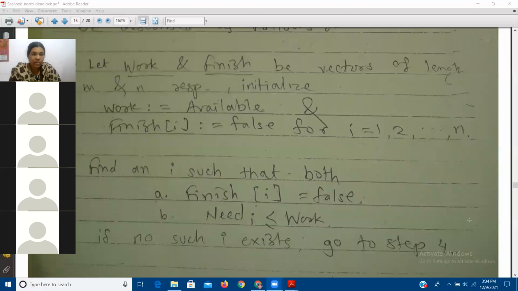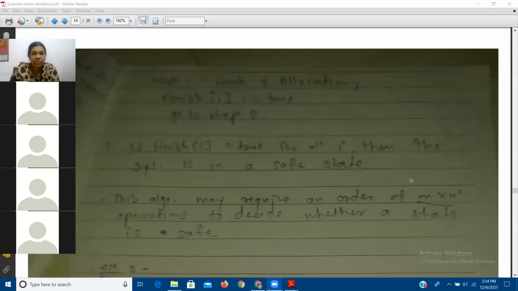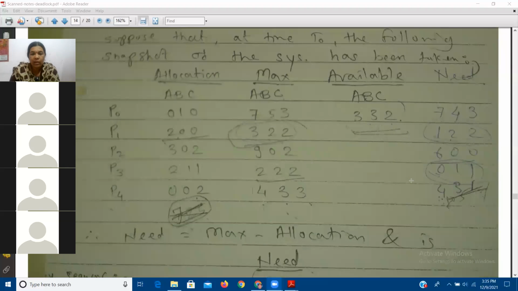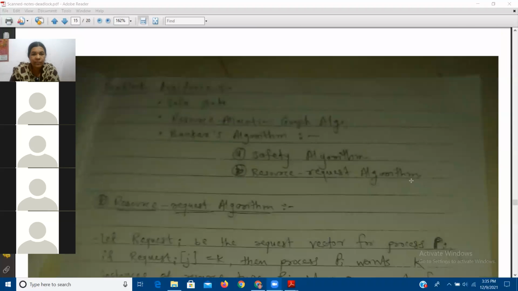Okay, so total 5 sequences are over. Hope with this I can say that you understood the concept of safe sequence, how we calculated with the help of safety algorithm. So this is about the safety algorithm. Now we'll go ahead.